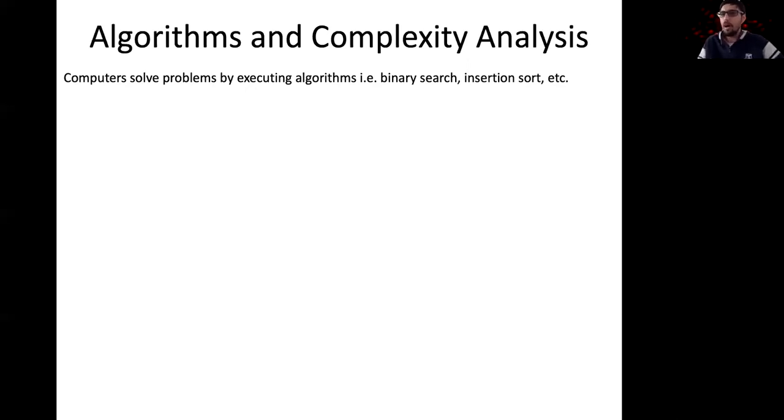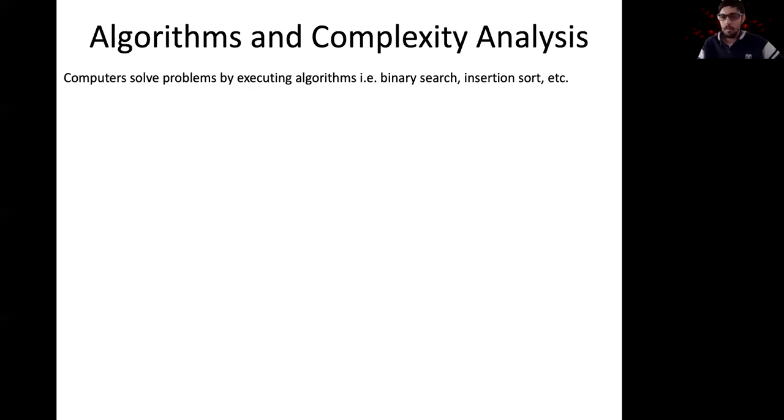For example, the binary search algorithm: if you have sorted data and you want to find a particular entry in it, binary search finds that data element. Or insertion sort: you have unsorted data and you want to sort it. When the insertion sort algorithm runs on your data set, it will sort all the entries in proper order. These are all algorithms which you can run on your classical computers to solve real-world problems.